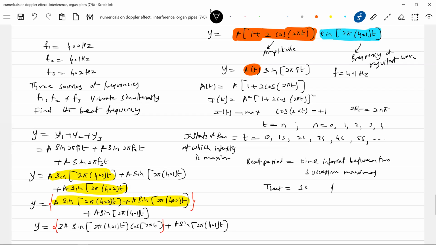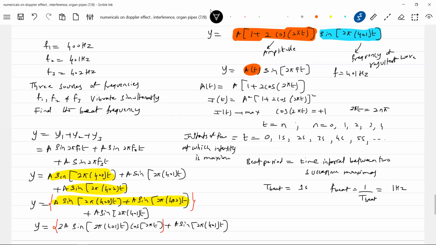And what is the beat frequency? F beat equal to 1 by beat period. So what is the number of beats? One intensity cycle will get over in 1 second. So what do you mean by beat frequency? In 1 second, one intensity variation will complete one cycle. So I'm going to hear 1 beat per second.